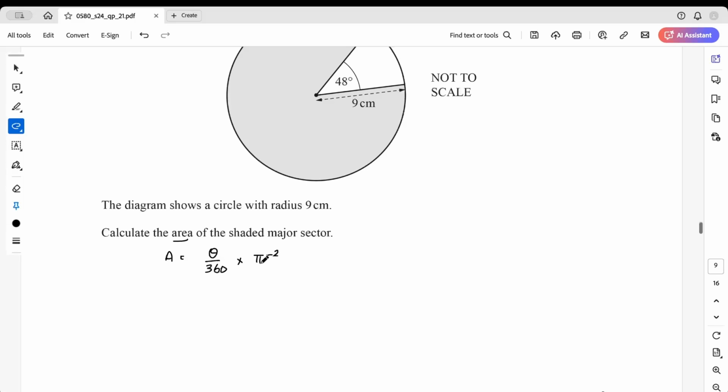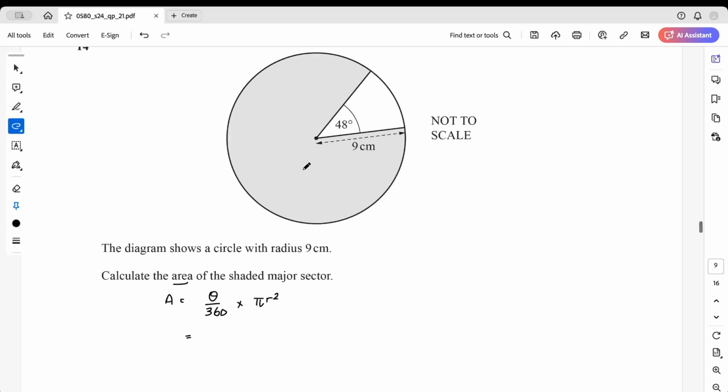So this is the proportion of the whole circle that we're finding the area of. So what is theta? Theta is the proportion of the circle we're trying to find. Since we're trying to find the shaded area, which is this large major sector, the angle is this one instead of 48. This is 360 minus 48, which will be 312 degrees.